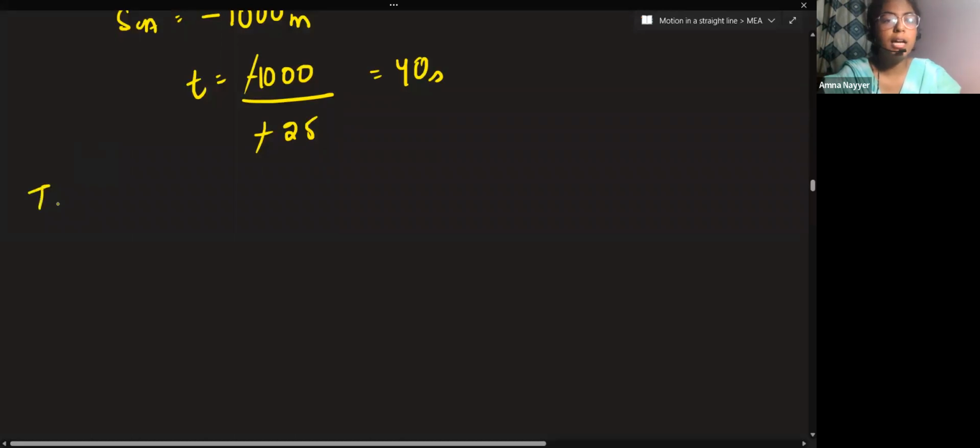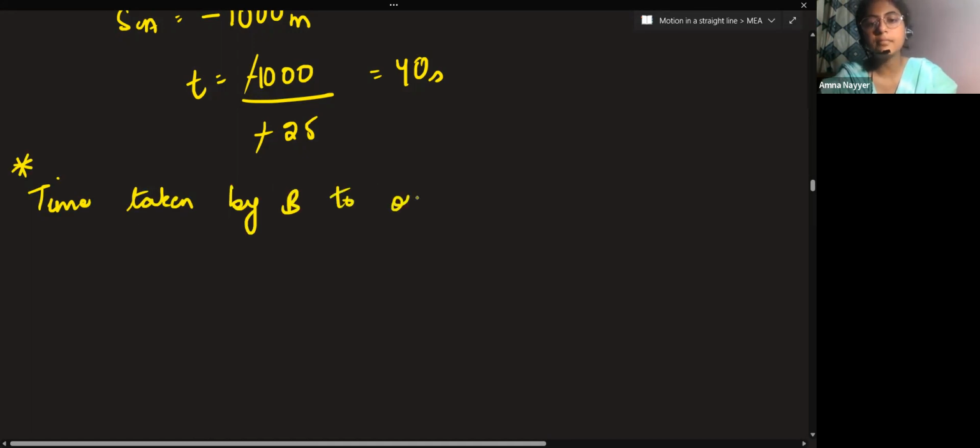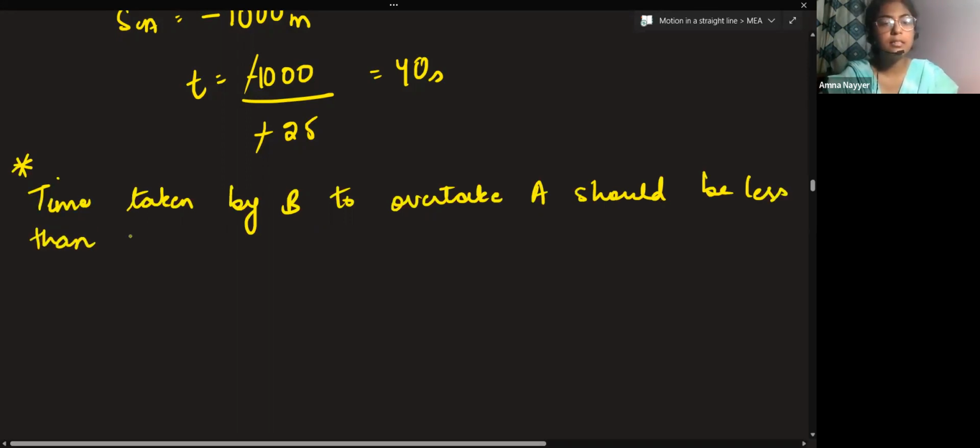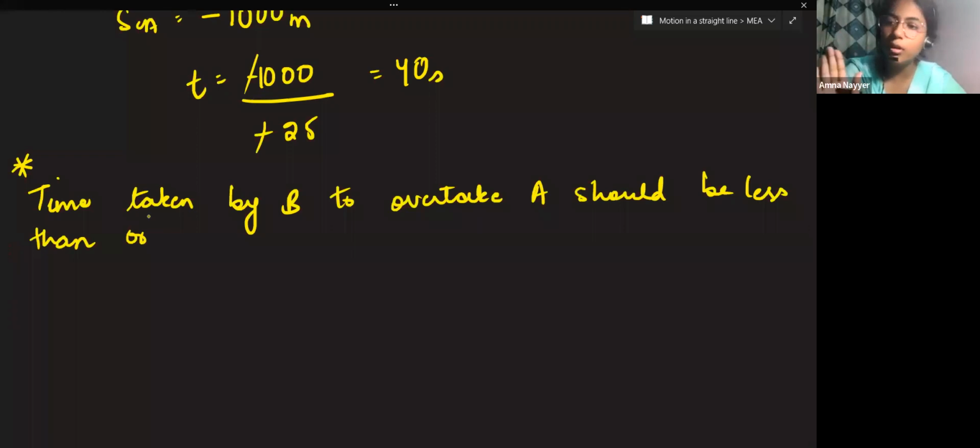So I'll write down the statement. This is an important statement in this question. Time taken by B to overtake A should be less than or almost equal to 40 seconds, but not more than 40 seconds.